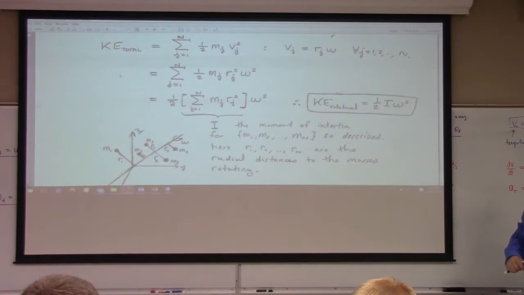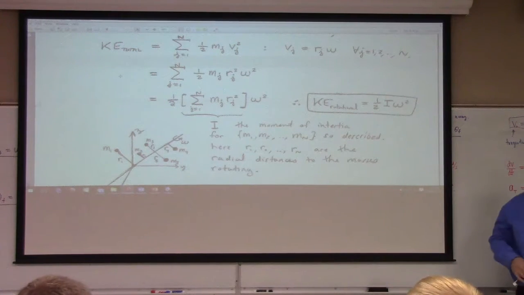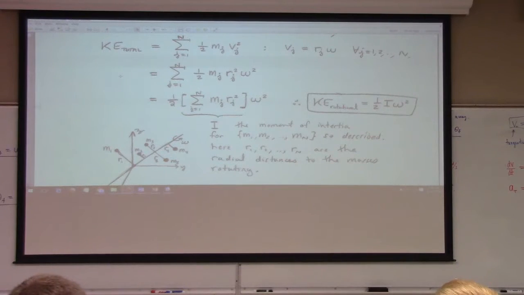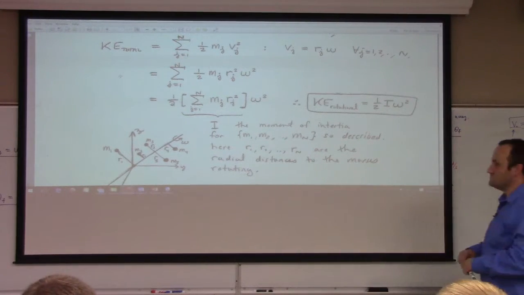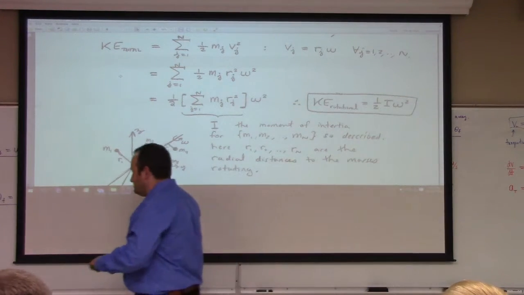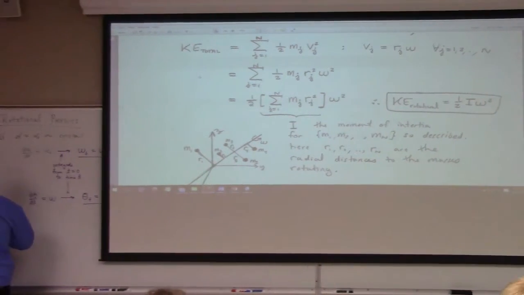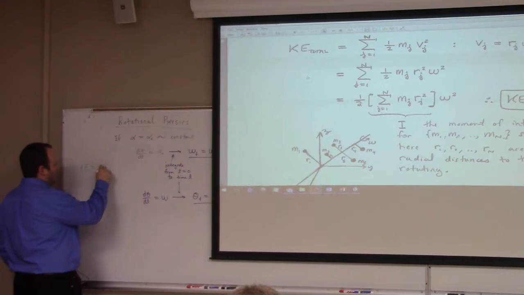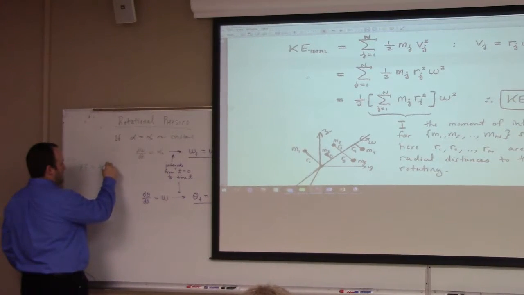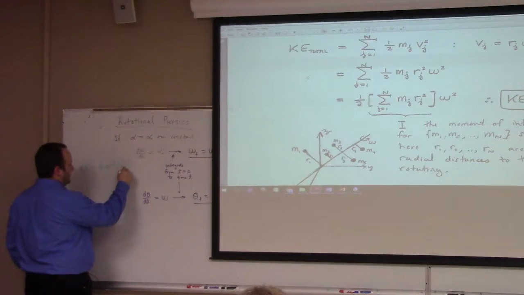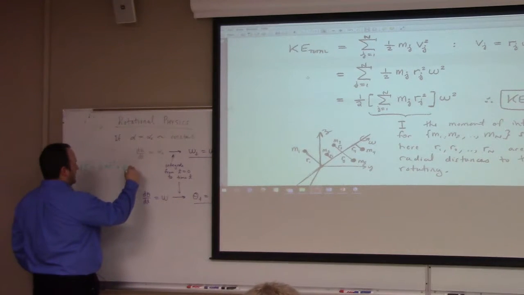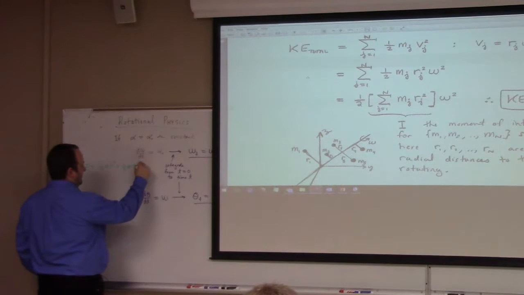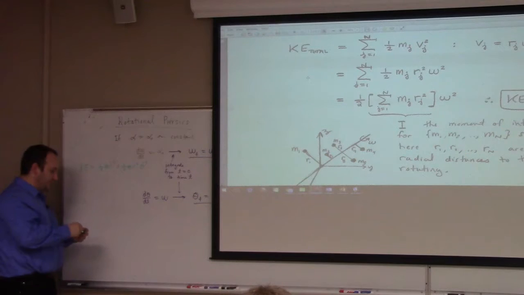If you think back to the derivation I did a little bit earlier today, what did I have there? Remember I had kinetic energy 1/2 m r dot squared, plus 1/2 m r squared theta dot squared. Look at what that was.